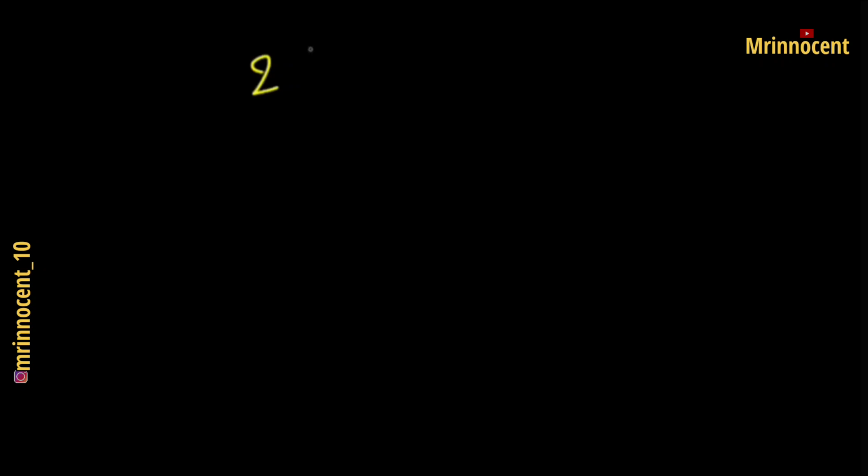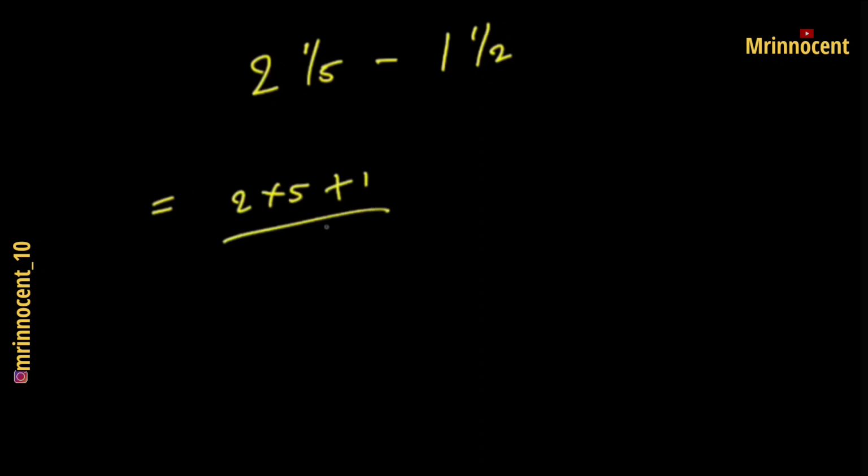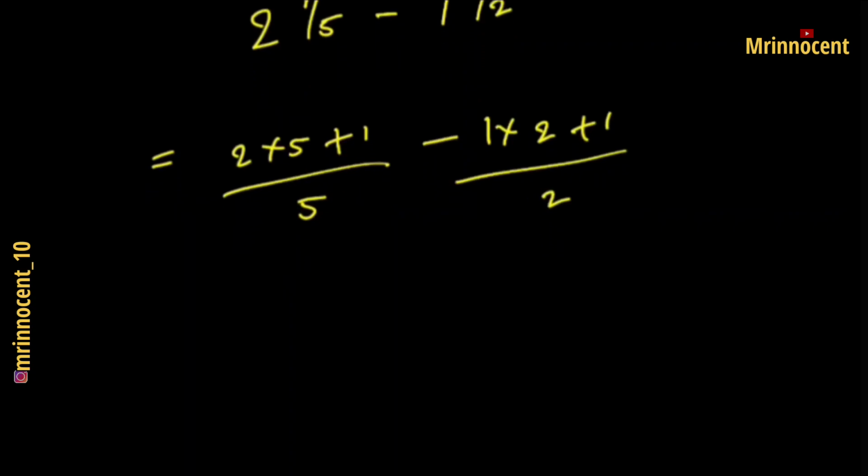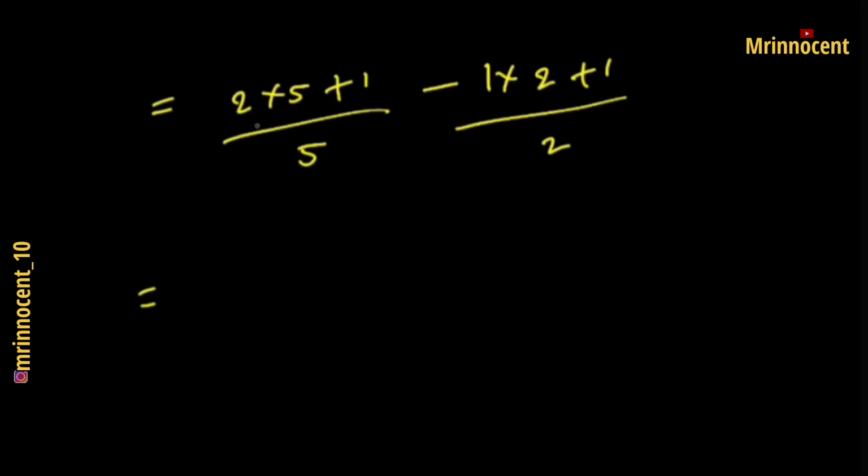2 whole number 1 over 5 minus 1 whole number 1 over 2 is equal to 2 times 5 plus 1 over 5 minus 1 times 2 plus 1 all over 2. That is 2 times 5 is 10 plus 1 is 11 over 5 minus 1 times 2 plus 1 is 3 over 2.